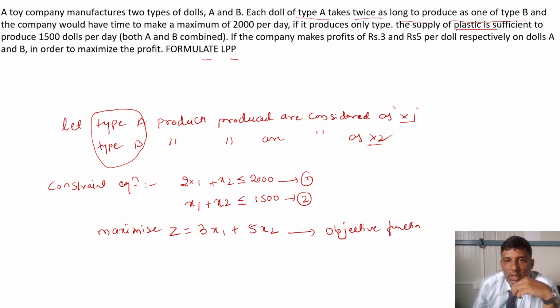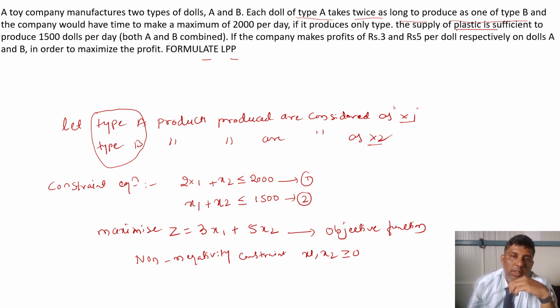Once we write this objective function and the constraint equations, at the end we have to mention the non-negativity constraints: x1, x2 should be greater than or equal to 0. This is the statement we have to mention. Once that is done, we have to represent all the equations in one form.